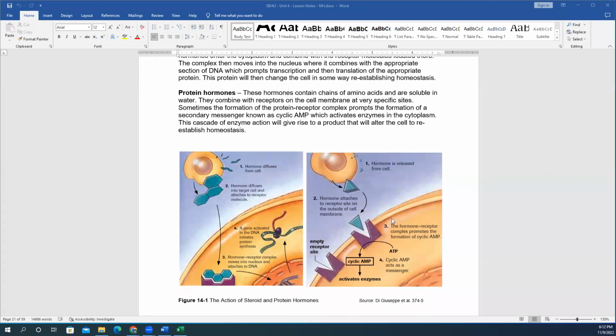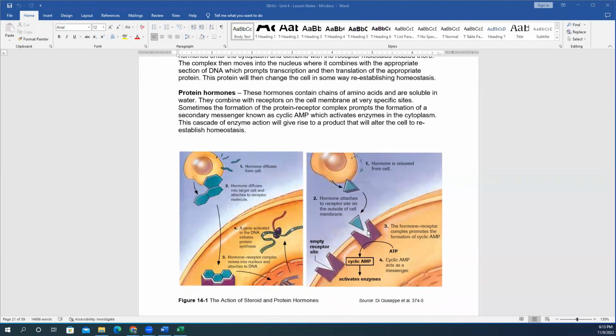And then on the right panel, we have an example of how protein hormones act. So these hormones are released from some sort of cell that produces them. These contain chains of amino acids, hence they're proteins. These are often soluble in water, and they combine with the receptor. They attach themselves onto the receptor outside on the cell membrane.